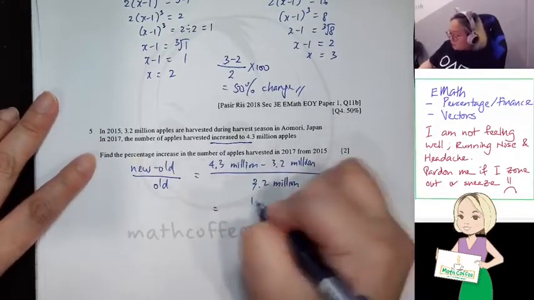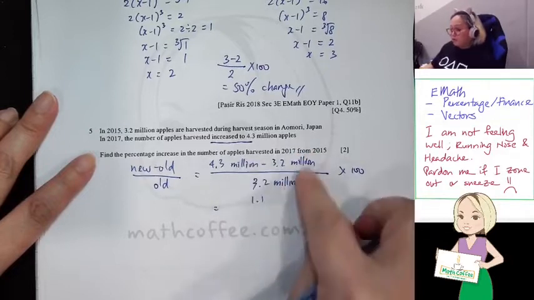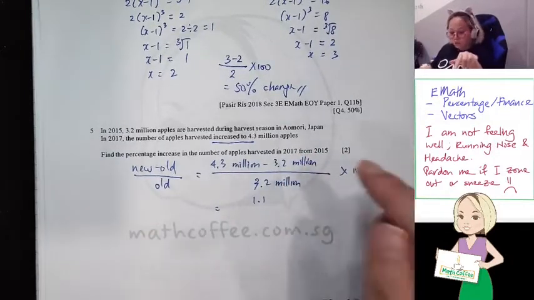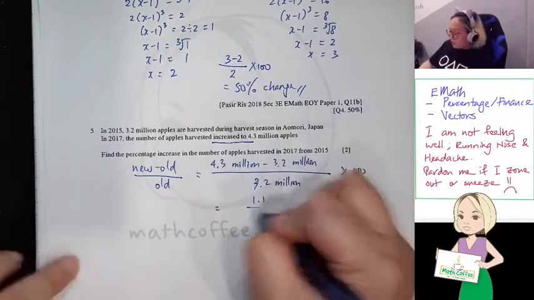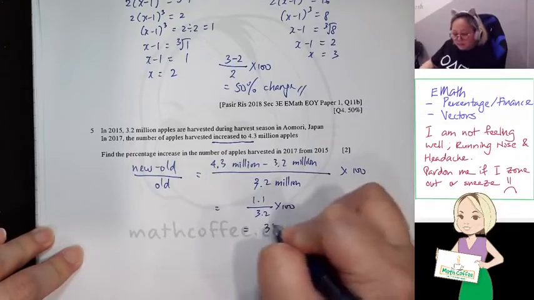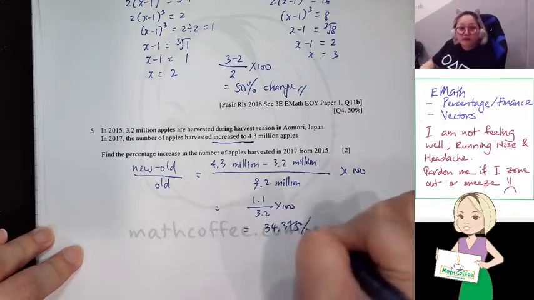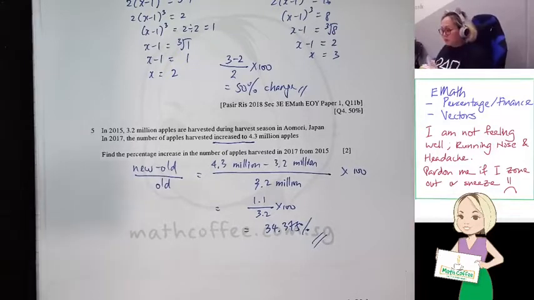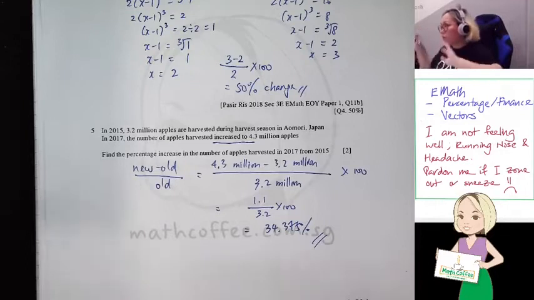Because all is million, we can ignore the million. I just take 4.3 minus 3.2, which is 1.1, over 3.2 times 100, and we get 34.375%. Done. Just remember that percentage change is always new minus old over old.